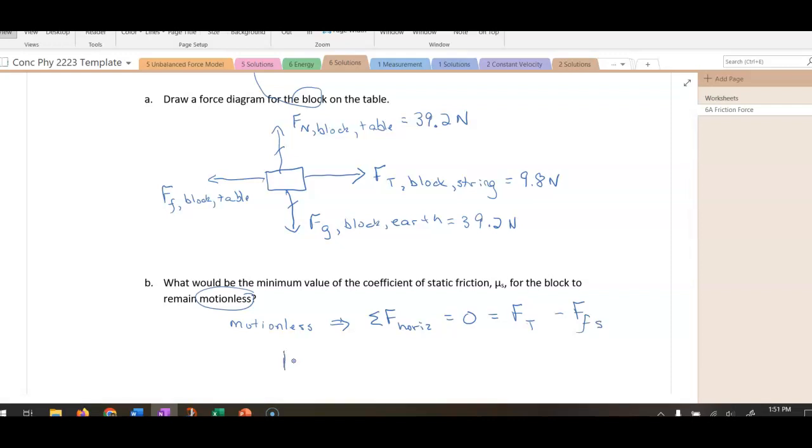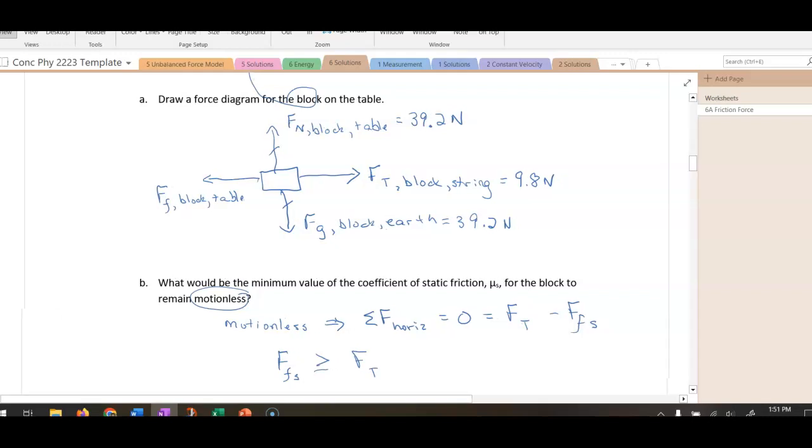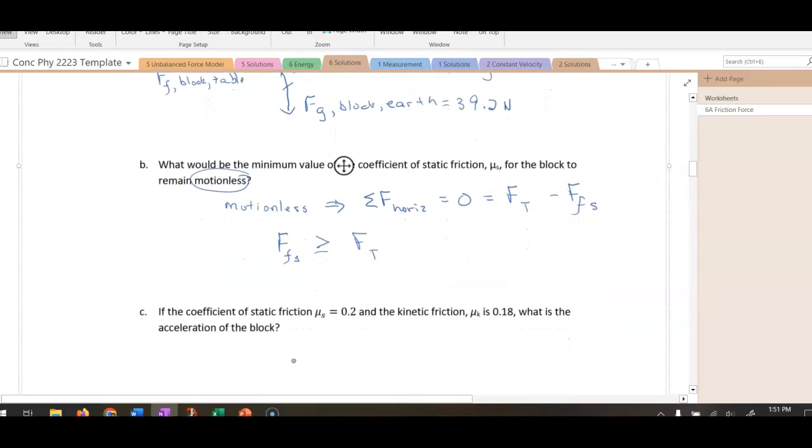So in other words, the static friction force would have to be at least as big as the tension force. Okay? And the static friction force is the coefficient of static friction multiplied by the normal force.